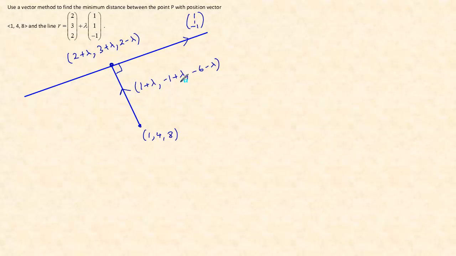So what we want is the particular value of λ at this point, and we can find that because we know that the dot product of this and this must be 0. So we have (1 + λ, -1 + λ, -6 - λ) dot (1, 1, -1) is equal to 0.